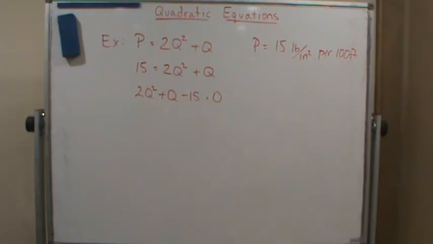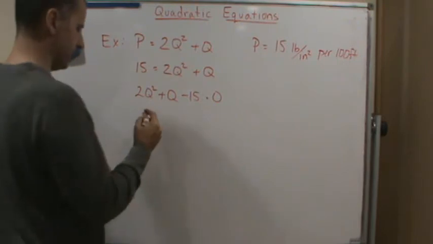So, two factors of negative 30 that give me positive 1. Okay? So the two factors have to be close to each other. Well, the answer is going to be 5 and 6, right? So negative 5 and 6.